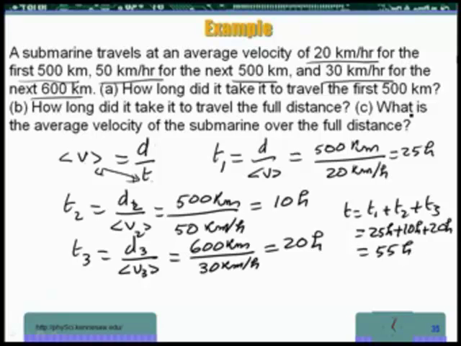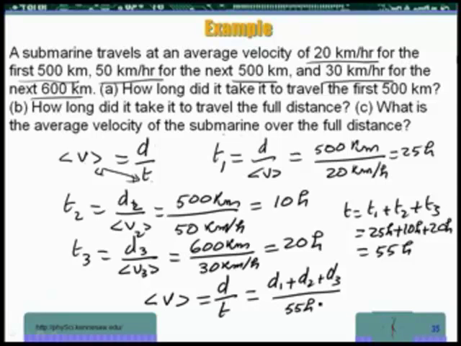Now, the last question is, what is the average velocity of the submarine over the full distance? Average velocity, like we have discussed before, is displacement over time. Displacement would be the overall displacement, so d1 plus d2 plus d3. Time would be the overall time, the 55 hours that we just calculated.